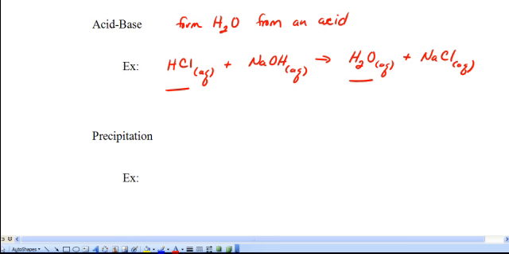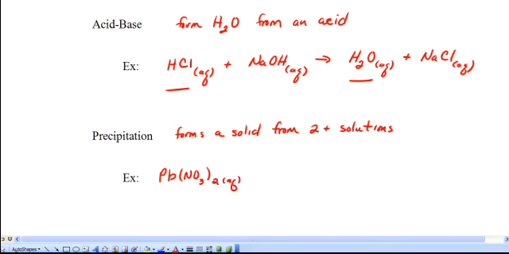Next, we have what's called a precipitation reaction. A precipitation reaction forms a solid from 2 or more solutions. We've actually seen one of these already in a previous example. If you take your lead nitrate and you react that with potassium iodide solutions, notice they're both aq.